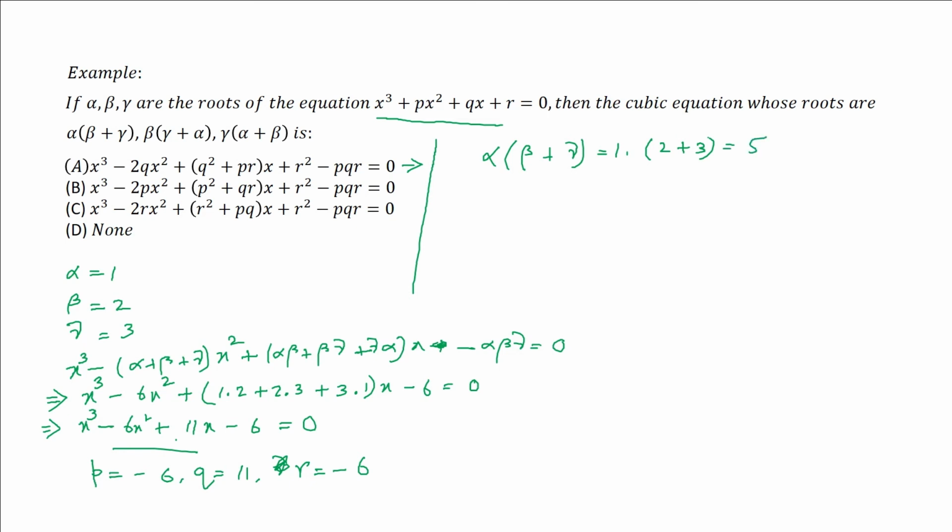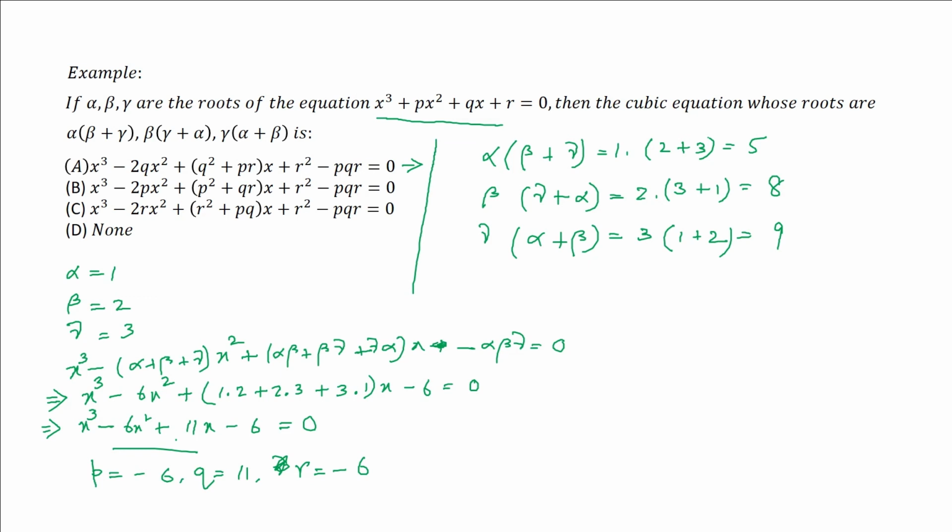What is the value of beta into (gamma plus alpha)? 2 into (3 plus 1), that is 8, and gamma into (alpha plus beta), that means 3 into (1 plus 2), which is equal to 9.